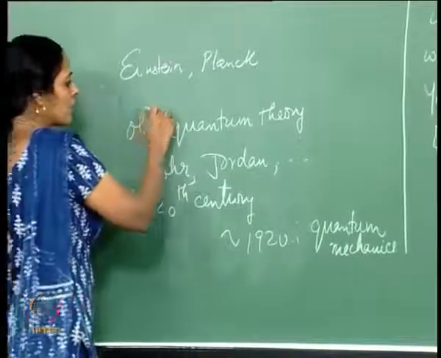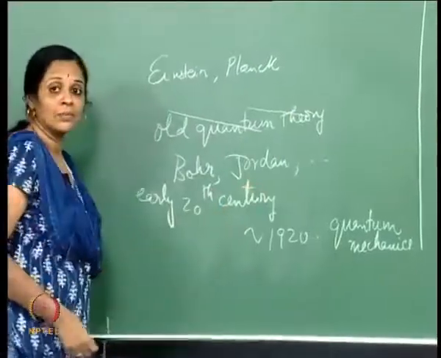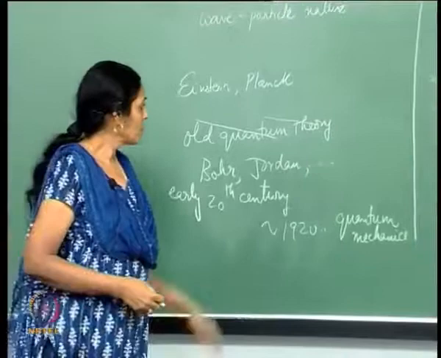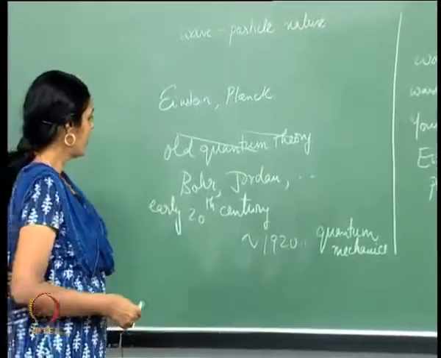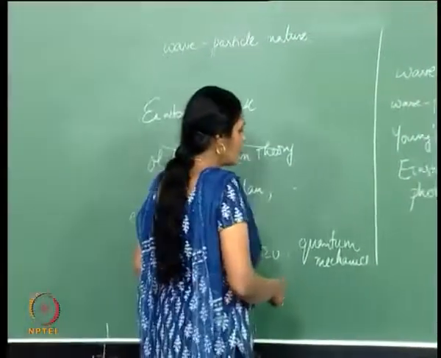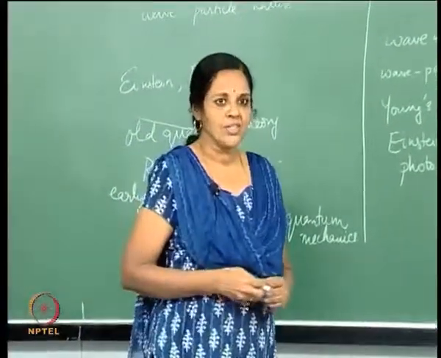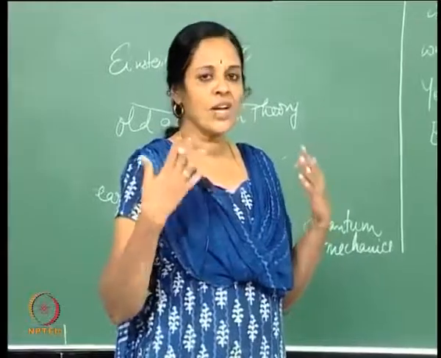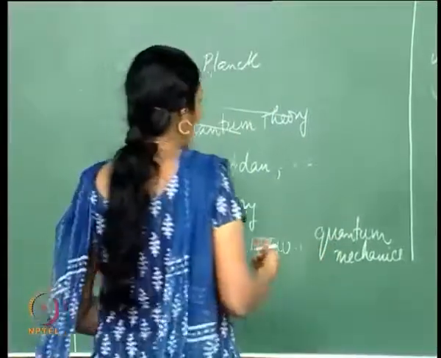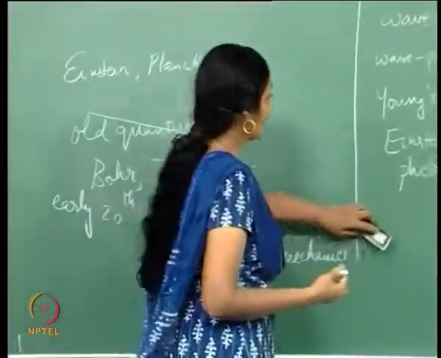So, I will not make much ado about the old quantum theory. It was not very satisfactory, and what we now work with is quantum mechanics as was given to us largely by two masterminds, Heisenberg and Schrödinger.